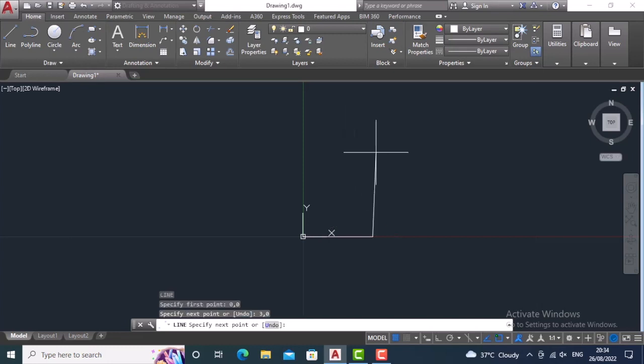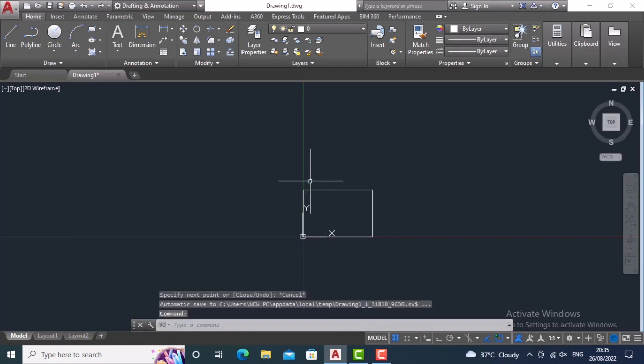Then the next point will be 2 units in the y direction, but because it's based on the origin, which is 0 and 0, the x direction will be 3 and the y direction will be 2. And then the next, the x direction will be 0 and the y direction will be 2. And the last one, either you can press C to close it, or you can press 0 and 0.